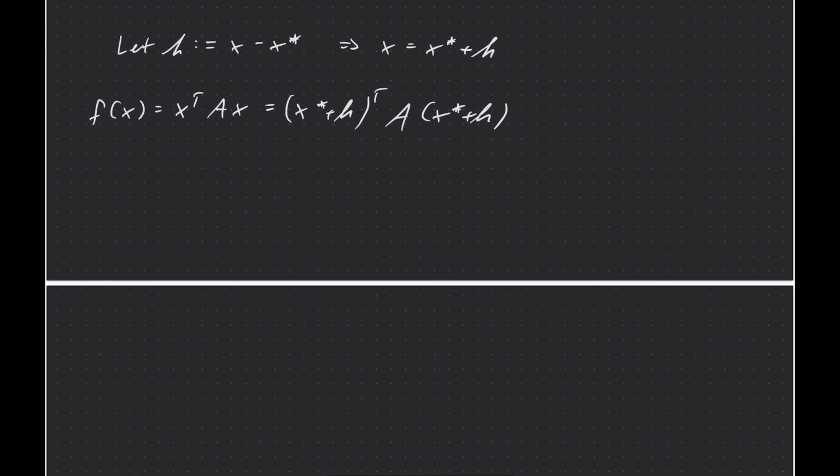And if we multiply that out, then what we get is x star transposed A x star plus x star transposed A h plus h transposed A x star plus h transposed A h.